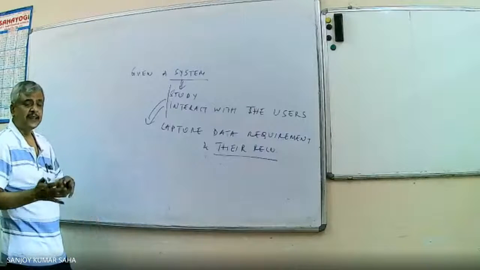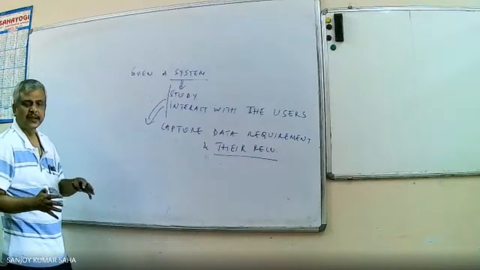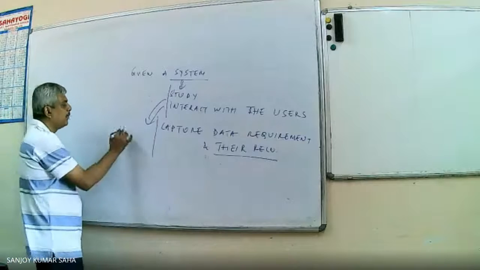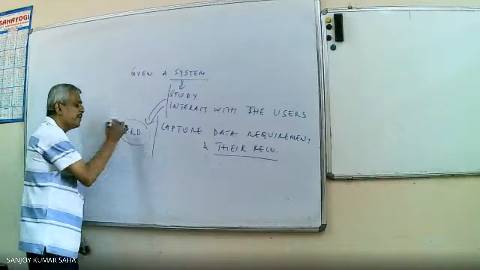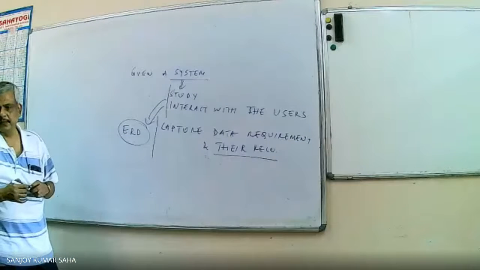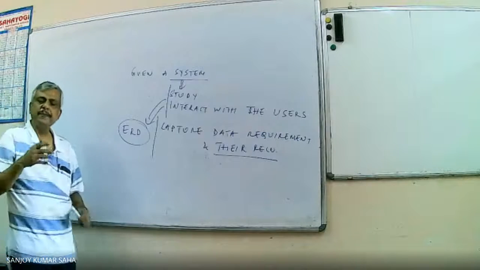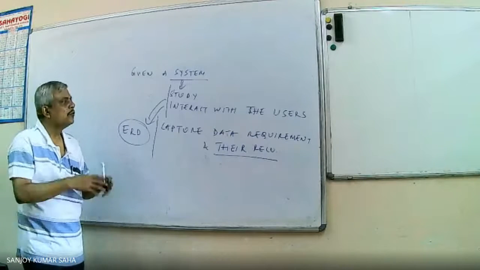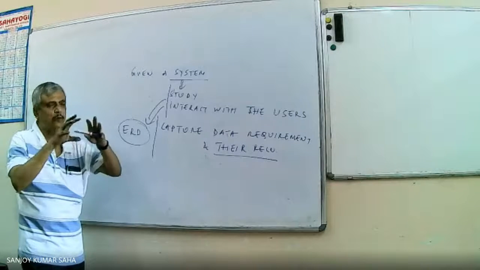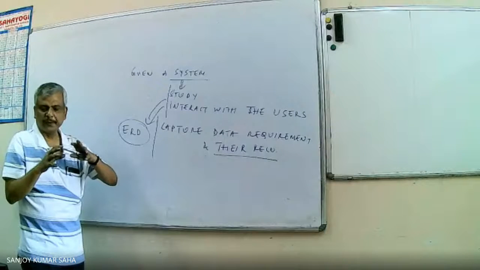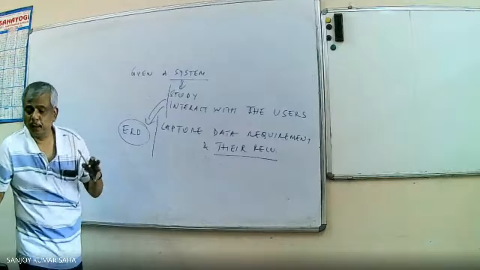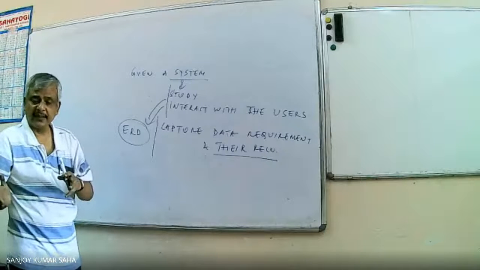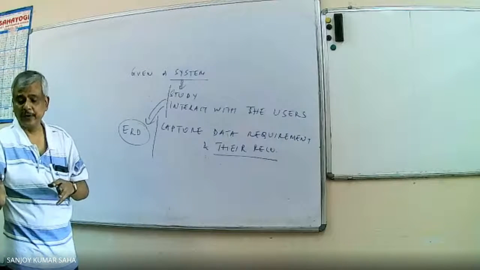So what are the different things with which the system will be working? Based on that, we will be forming the ER diagram. It may be an iterative process. It may not be that at the very beginning we focus on a particular thing. The more we interact and study the system, the more we can go for detailing.